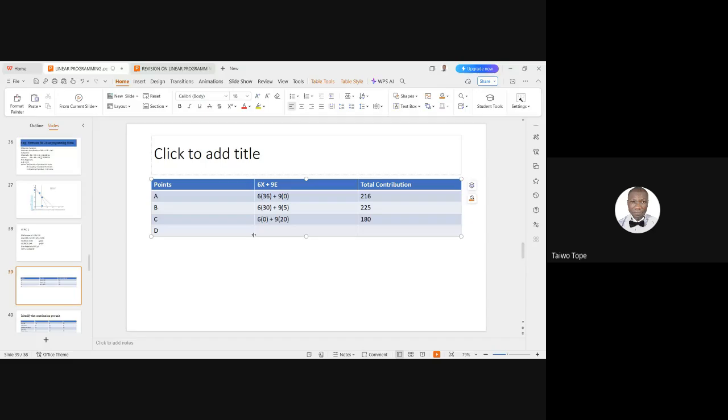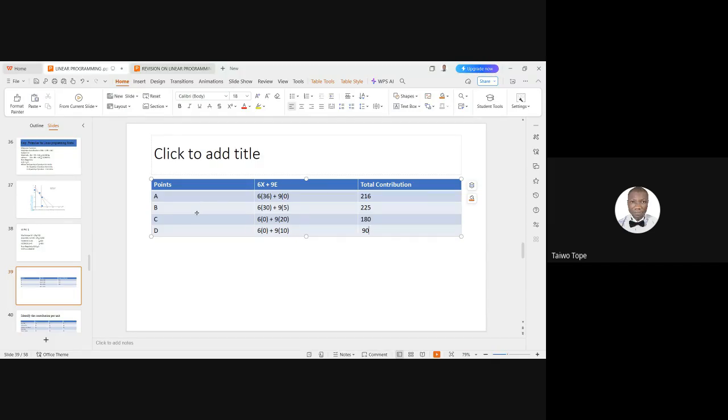So that is, we have it as 6 times 0, plus 9 multiplied by 10. So the value is what? 90. Hope this is fine. Yes, sir. Thank you.